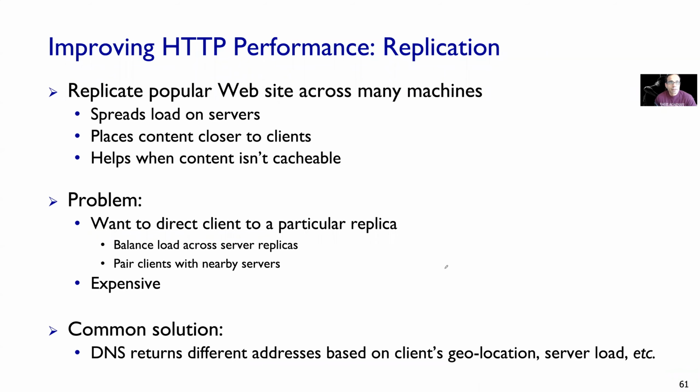Now, another thing that can benefit content delivery is, of course, replication. The idea is using web hosting services, where rather than hosting the content yourself, you hand it off to web hosting services, and they will place your content on multiple servers around the world. The issue then becomes, if you have multiple replicas hosting your content, how do you direct the query to the correct content? There are lots of heuristics on this.